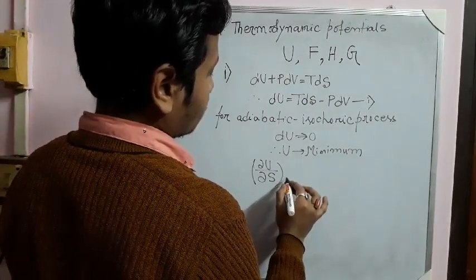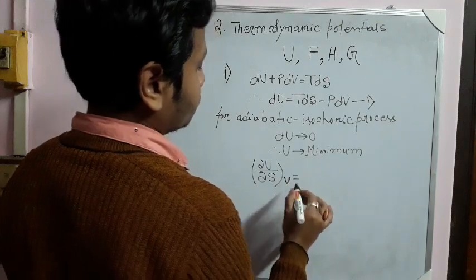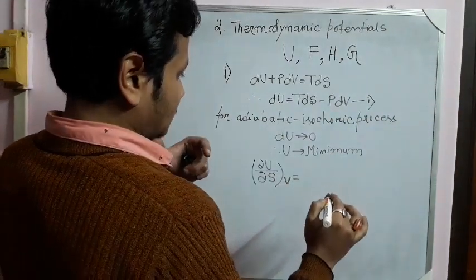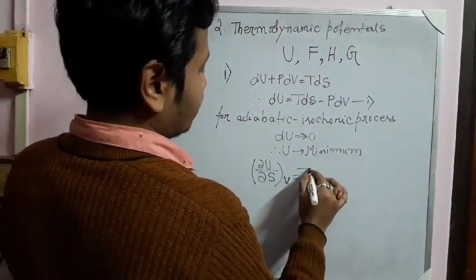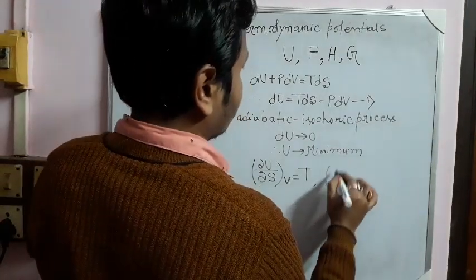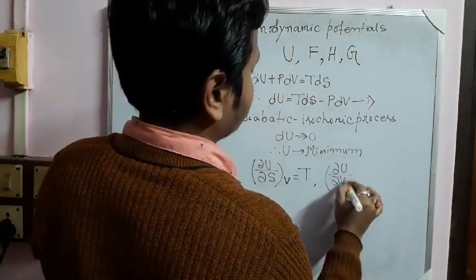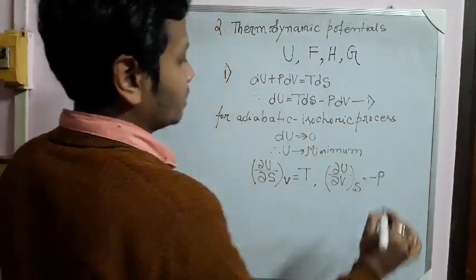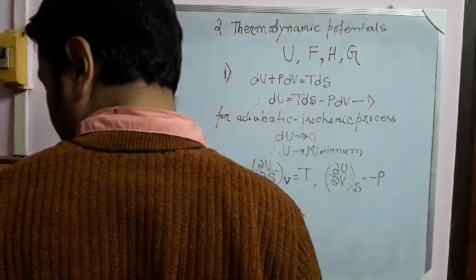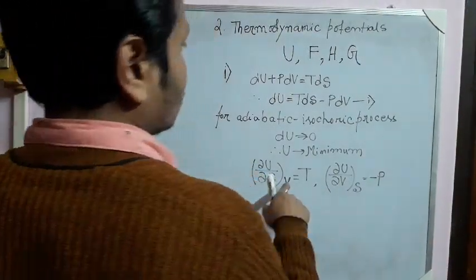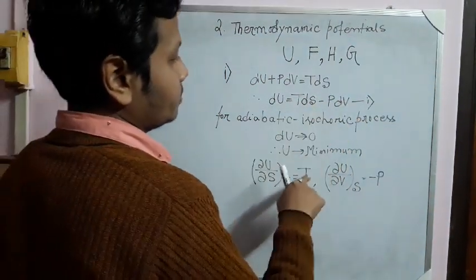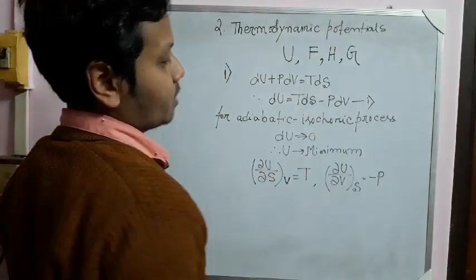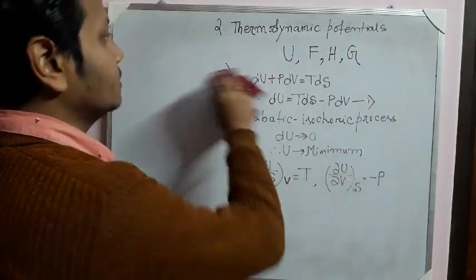Constant volume means this term is 0, so del U del S at constant V is T. And del U del V at constant S: S constant means this term is 0, so del U del V is minus p. So we can easily write this.